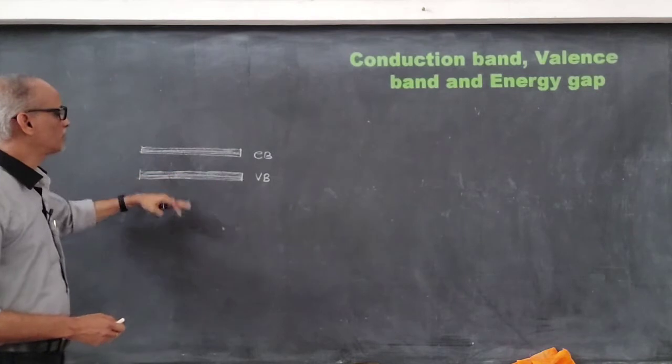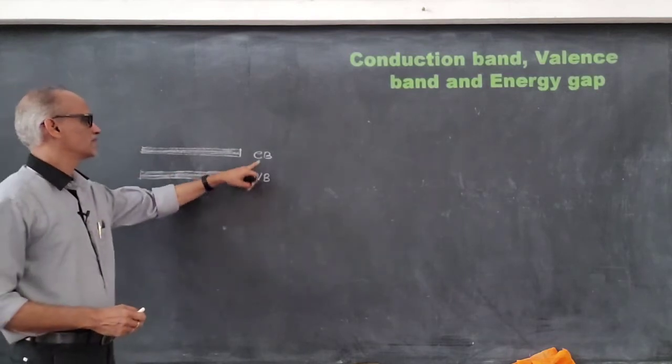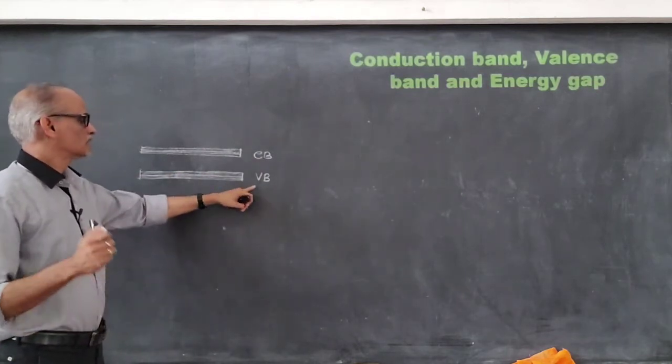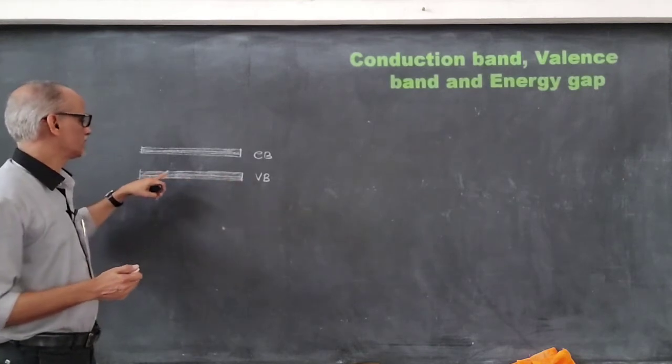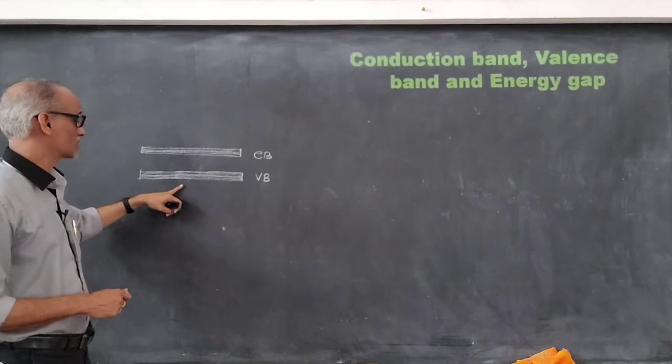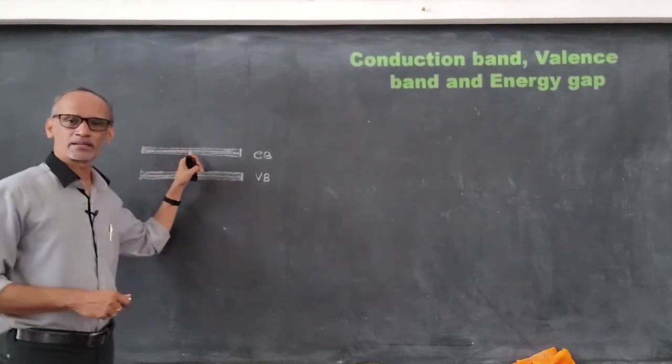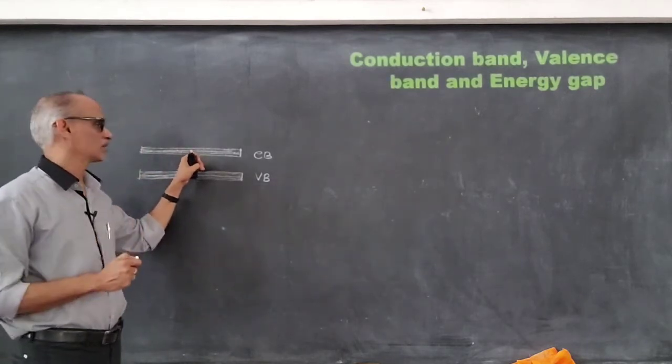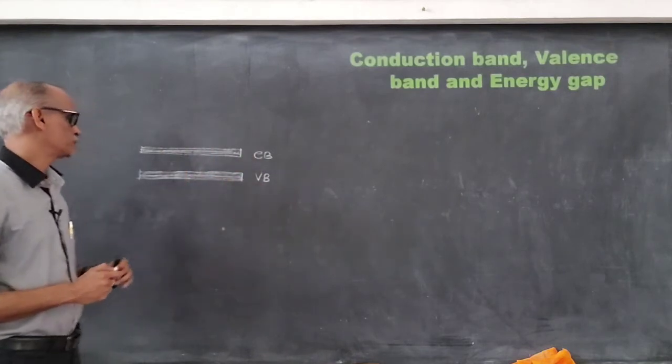So, we have two important energy bands, one is the valence band and the other is the conduction band. The energy band corresponding to the valence electrons is called the valence band, and the energy band corresponding to the conduction electrons is called the conduction band.